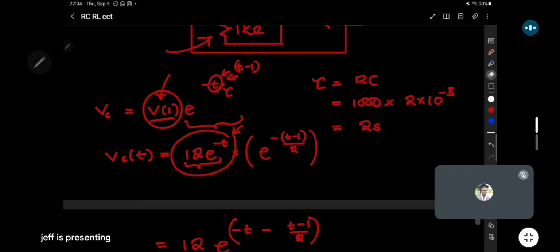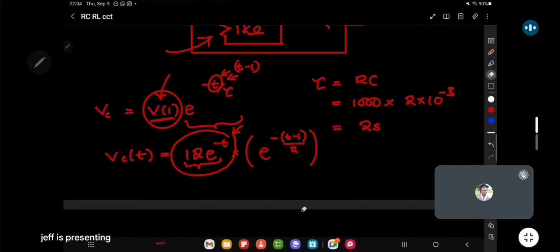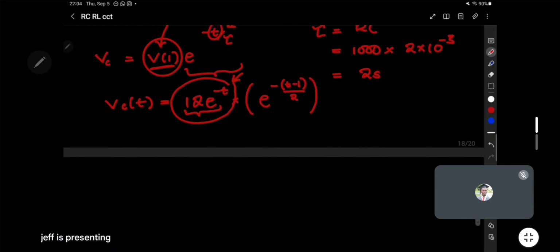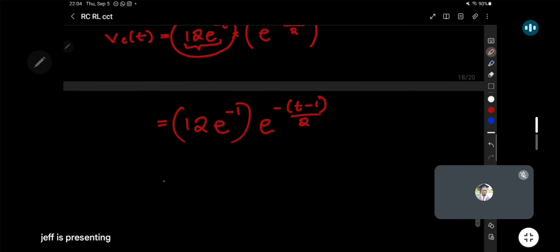So the correct approach, the actual thing now, let's make a slight adjustment there. So this will now be equal to 12 e to the minus 1, since t will be 1, multiplying. Now the t on the other side, this is the general one. This is not a 1 like before, because this now will account for time after the first second. So this will remain e to the minus t minus 1 over 2. From here we can now combine to 12 e, so add the powers.